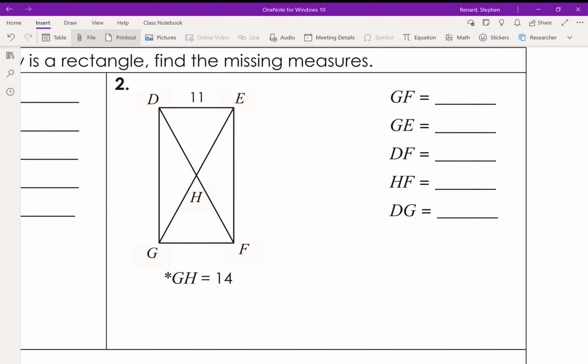So, what we're doing here is we are applying the rules of parallelograms and rectangles. The rules here are opposite sides are congruent, opposite sides are parallel, opposite angles are congruent, consecutive angles are supplementary, and those are all because a rectangle is still a parallelogram.